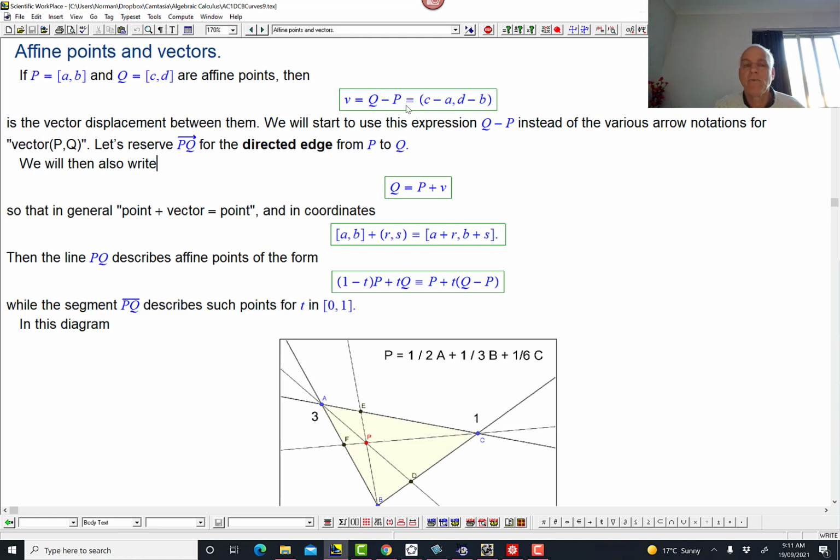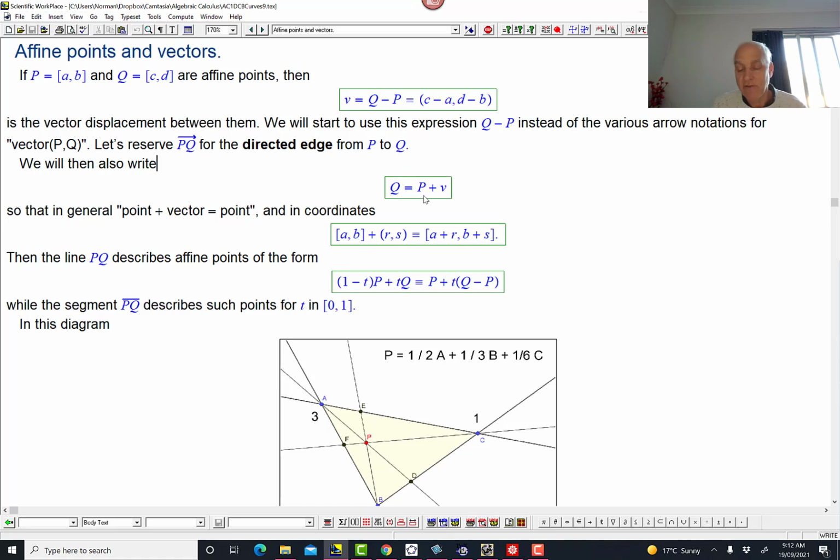Then we will also allow ourselves, once we've defined this vector v, to write that the point q is the point p plus the vector v. So we're going to allow ourselves to combine points and vectors, but always with the point first and the vector second.